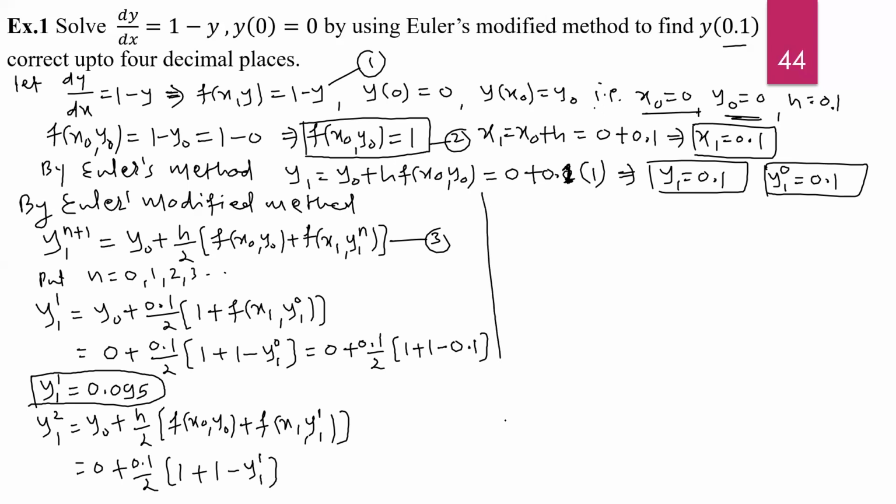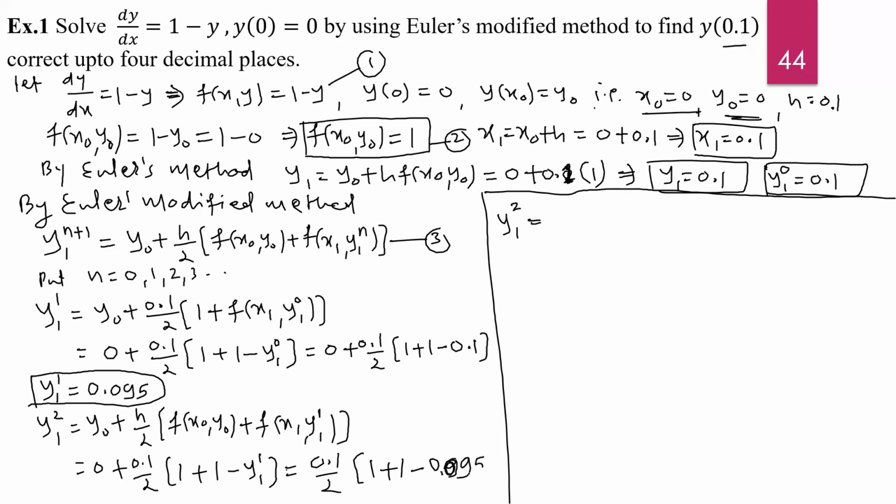Simplifying, 0.1 divided by 2 times 1 plus 1 minus the value of y1 raised to 1, which is 0.095.